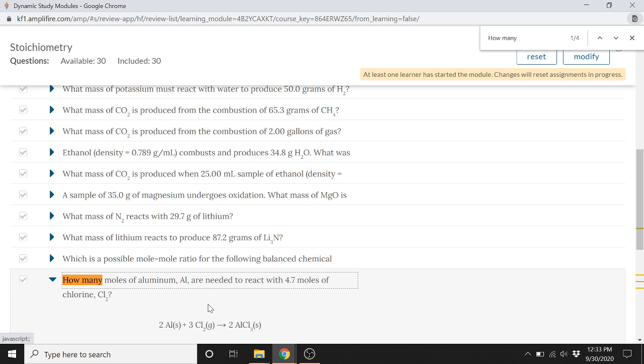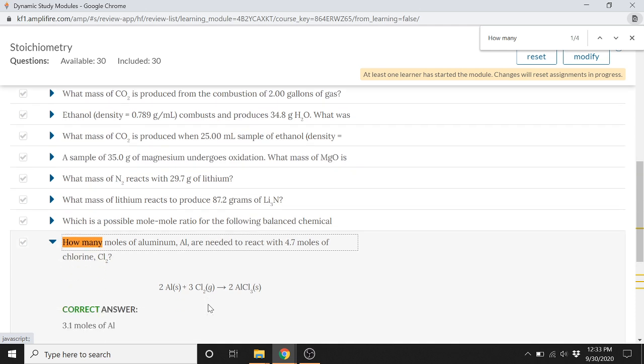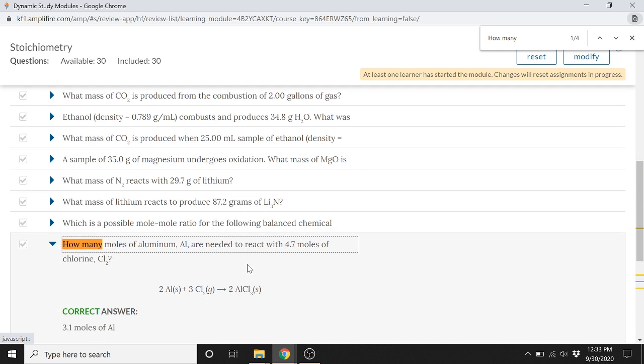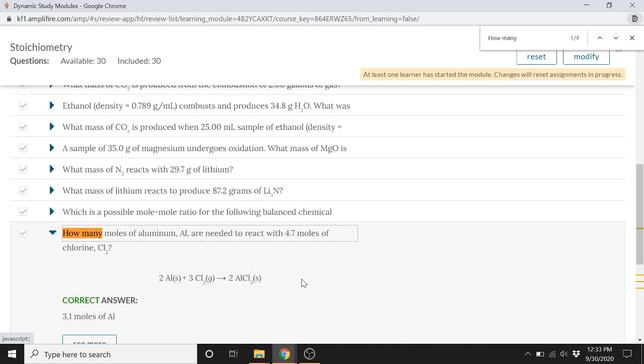That one was pretty straightforward and easy, wasn't it? So that would give you your 3.1 moles of Al when you do that. We ended up cutting out the front and the end steps.